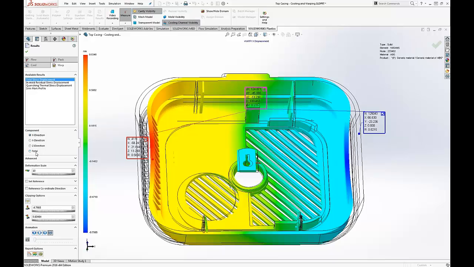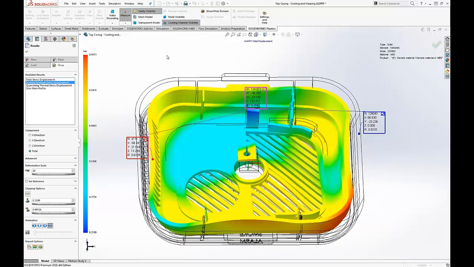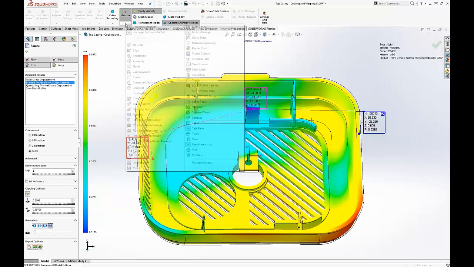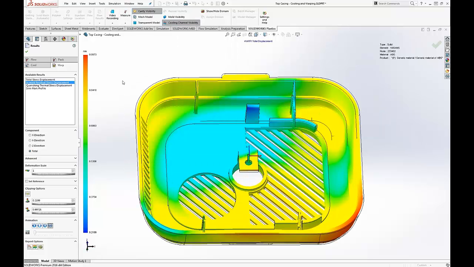Okay, of course here I can see the singular stress displacement, the residual, for example, from the pressure point of view, as I told you, so in-mold residual stress and quenching thermal stress. Okay.